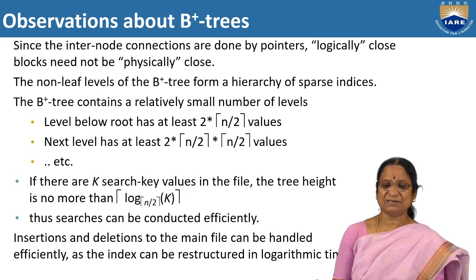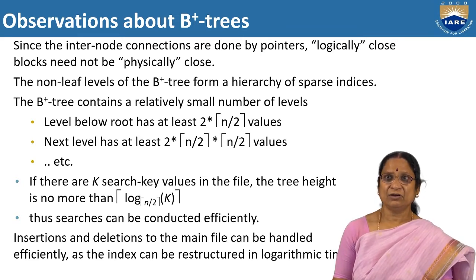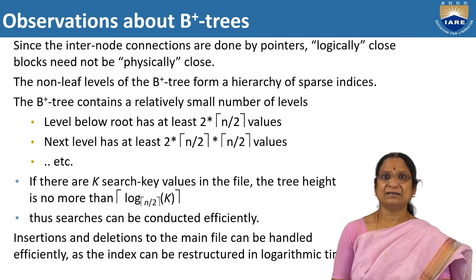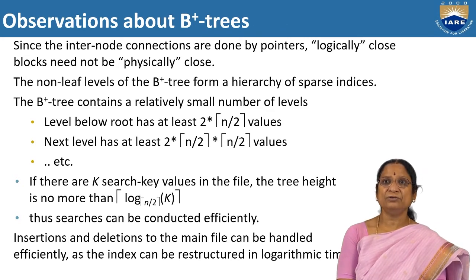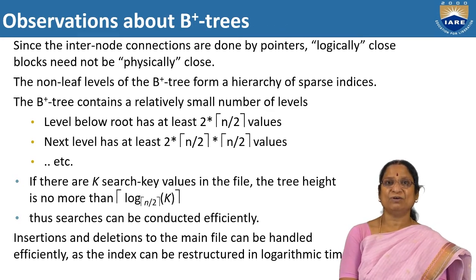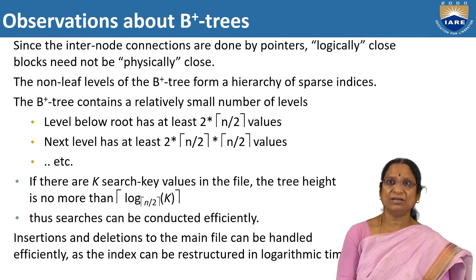The non-leaf levels of the B plus tree form a hierarchy of sparse indices. A B plus tree contains a relatively small number of levels, because the level below the root has at least 2 multiplied by n by 2 values. So that's why the depth of the tree is relatively small.